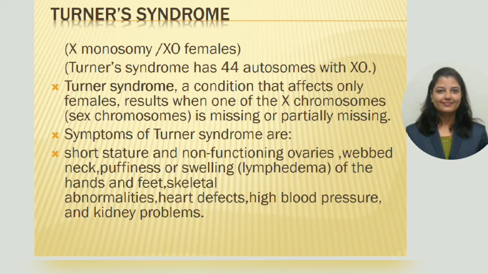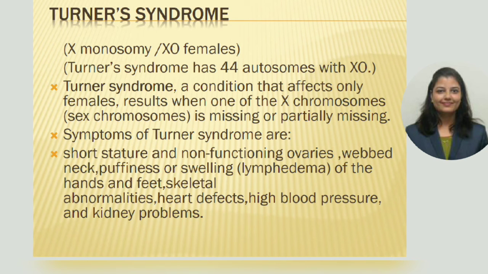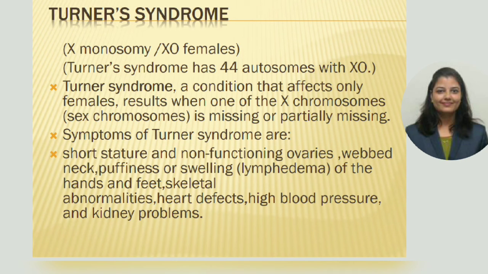Here we are talking about the sex chromosome. When an X chromosome is missing or partially missing, the symptoms of Turner syndrome are short stature, non-functioning ovaries, webbed neck, puffiness or swelling of the hands and feet, skeletal abnormalities, heart defects, high blood pressure and kidney problems.